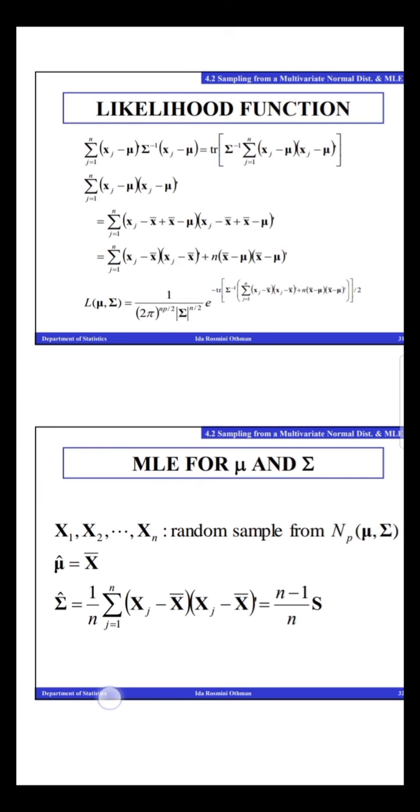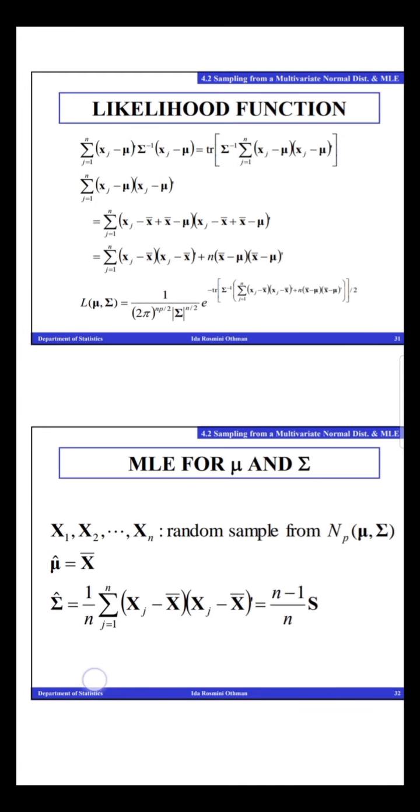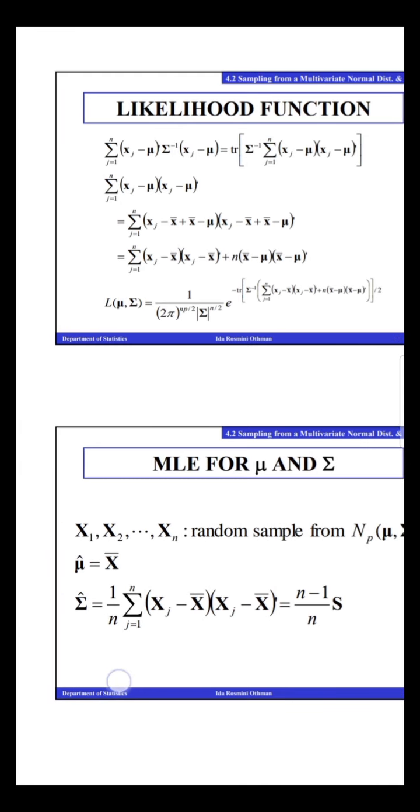So we need to know how to estimate these parameters. In your textbook on pages 170 and 171, there is a long method to get the formula of mu hat and the formula of big sigma hat.